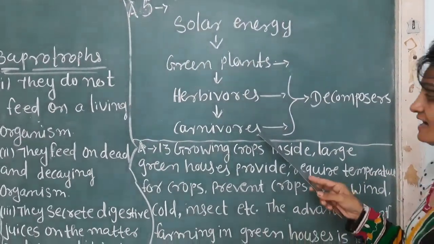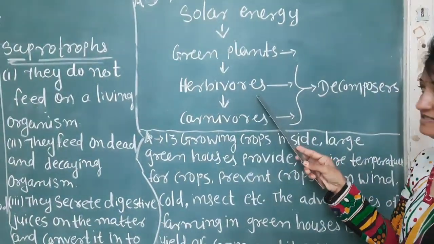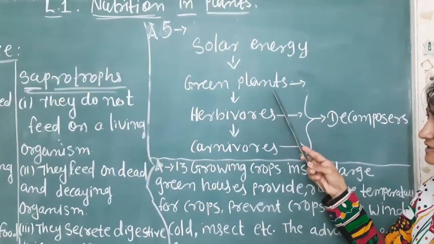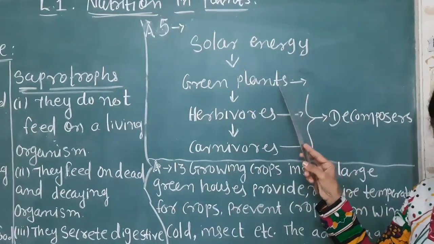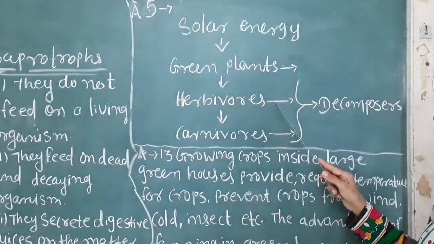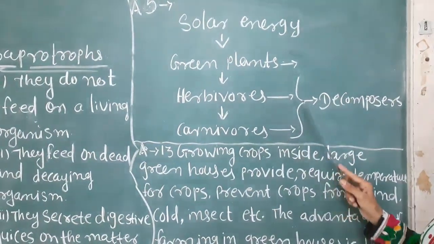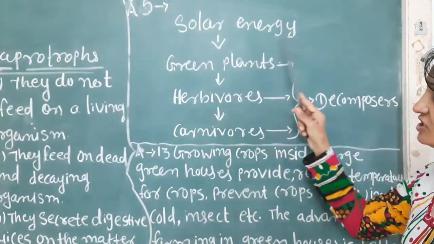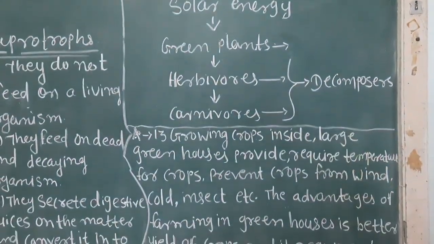That means carnivorous depends on herbivorous, herbivorous depends on green plants, and green plants prepare their food in the presence of sun. Herbivorous and carnivorous are dependent on decomposers. So this is the sketch of the ultimate source of food.